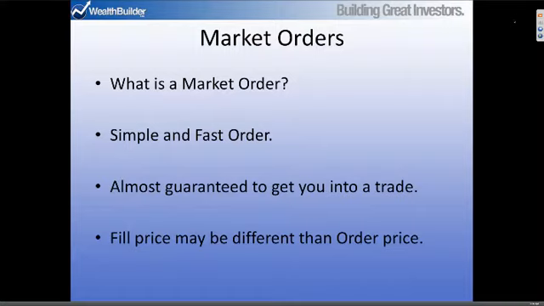You can use it to exit also. For example, if you got into a trade by mistake and wanted to get out right now, you could exit with a market sell order. You would want to do that as soon as you discovered you had made a mistake.